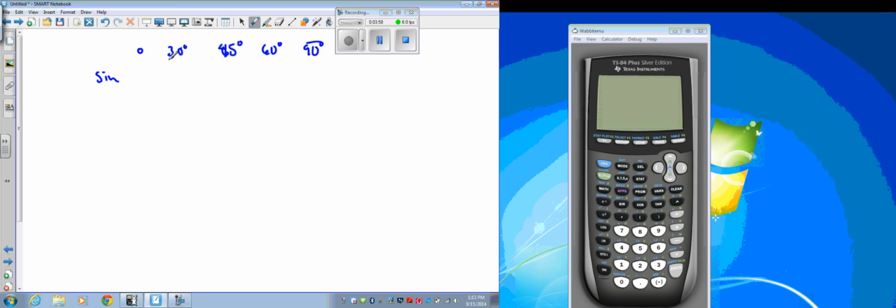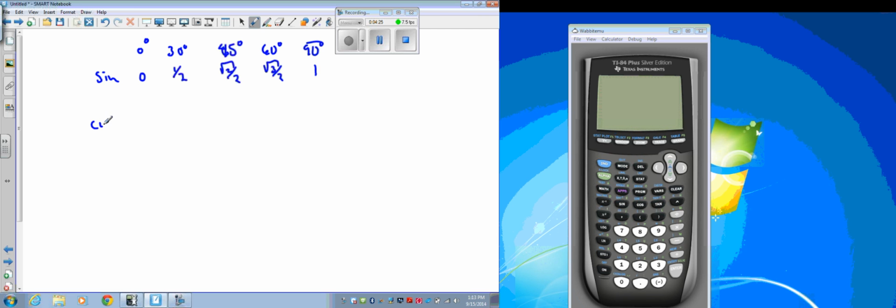The sine of 0 degrees is always 0. 30 degrees is 1/2. 45 degrees, square root of 2 over 2. 60 degrees is the square root of 3 over 2. And then this is 1.